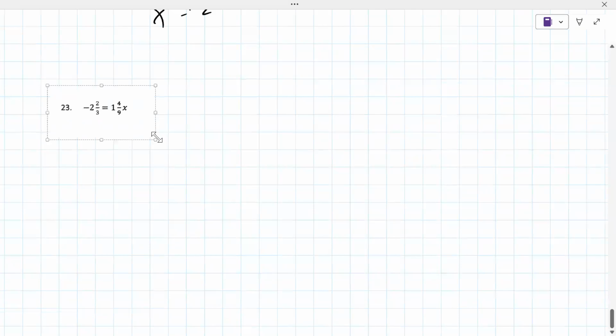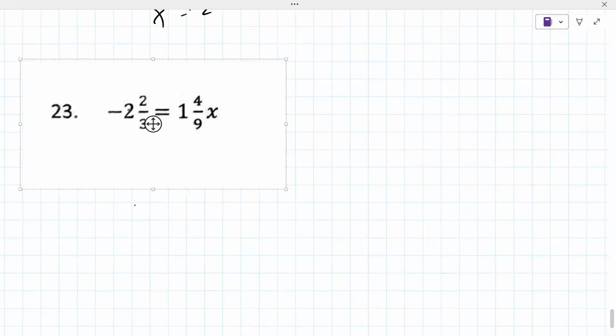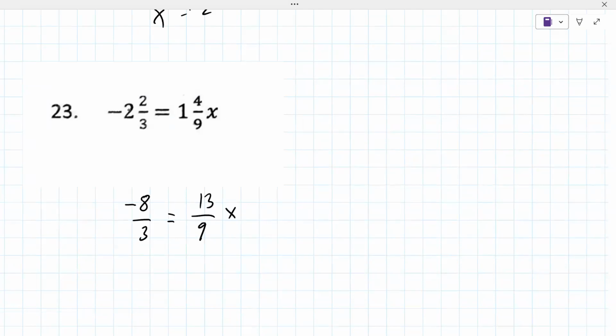So 2 times 3 plus 2, 2 times 3 plus 6, 8, 8/3. Negative 8/3 equals 1/9. 18/9. Then you can 13, 13.